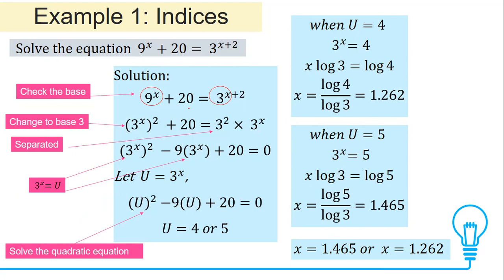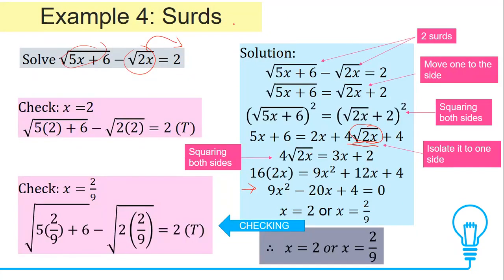That's all for this example. To rephrase, first we try to get rid of the surd by squaring. One thing: keep one surd on one side at a time, and keep on doing this until you finish all your surds.